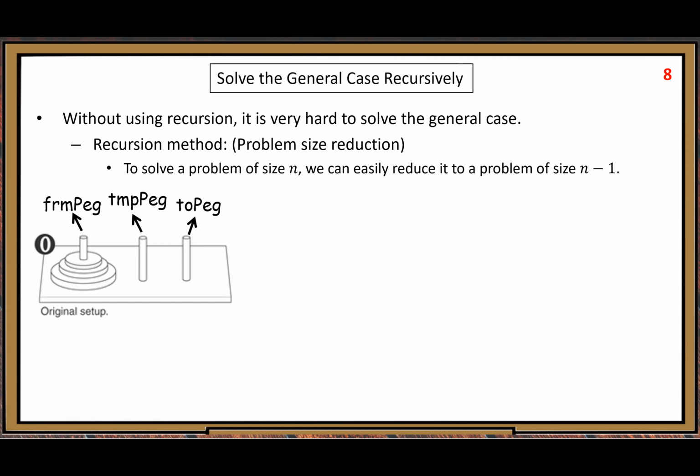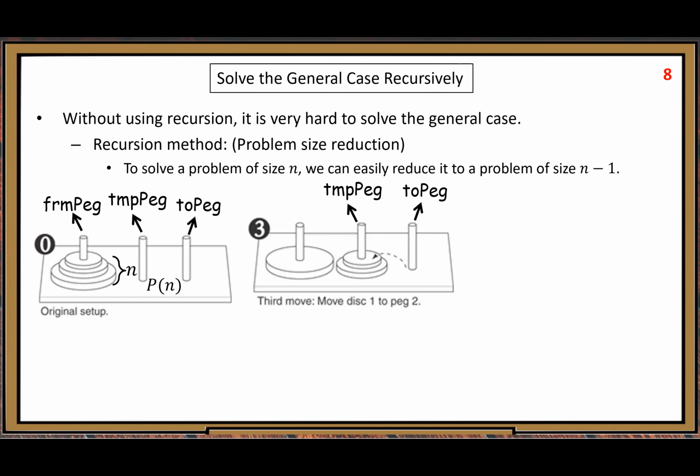We give the 3 pegs 3 names so that we can refer to them. And we imagine there are n disks here, not 3. And we need to solve P of n, size n.